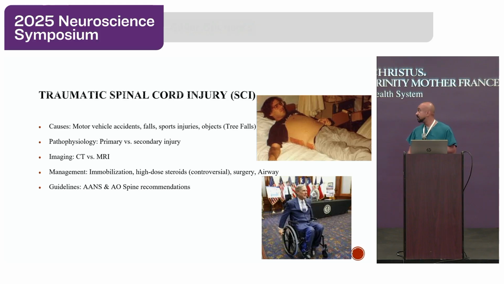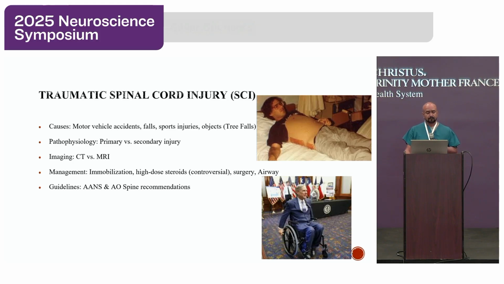This is actually a picture of our own state governor, who had a very unfortunate event about 40 years ago, in 1984, when he was jogging. I think an oak tree branch snapped and hit his lumbar region, and he became paraplegic for the rest of his life, right? So we know about that, unfortunate.